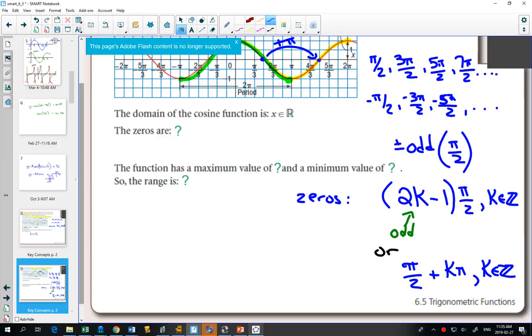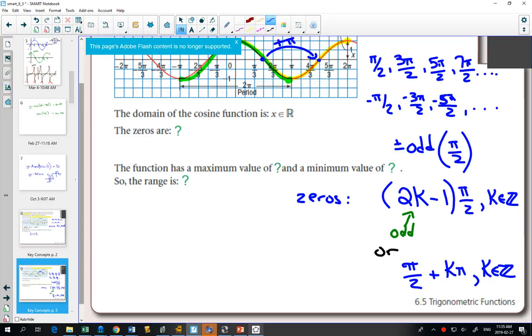So when you're asked to write down the zeros of cos, you have to choose which of those two notations makes more sense to you. Do you like the odd number writing 2k minus 1 times pi over 2? Or does it make more sense to you to start with one that you have and say, every time I add pi, I end up at another x-intercept?